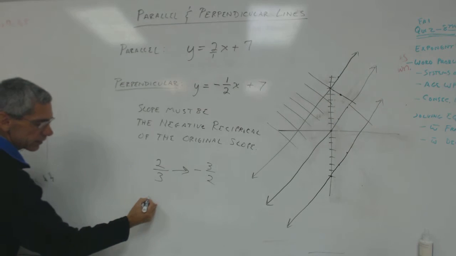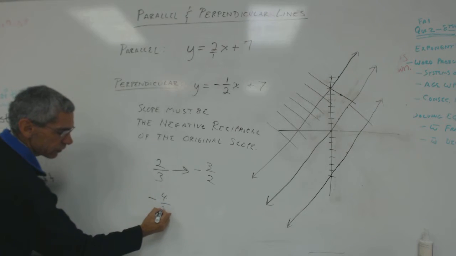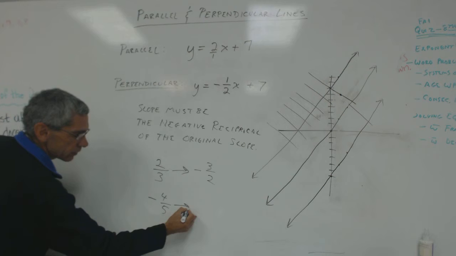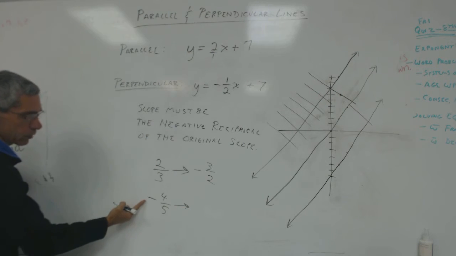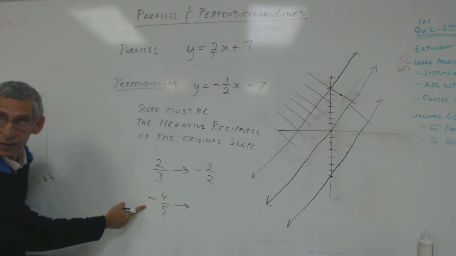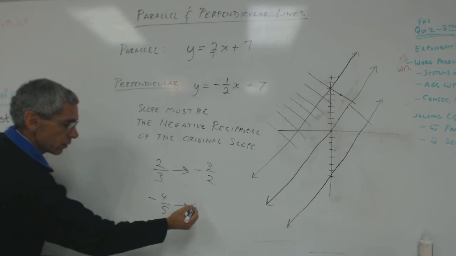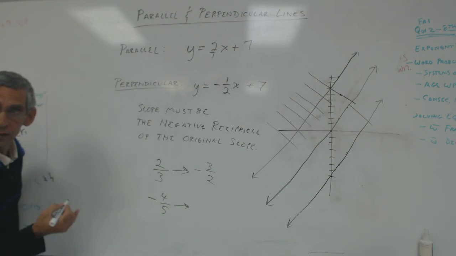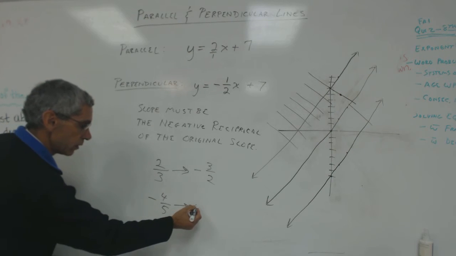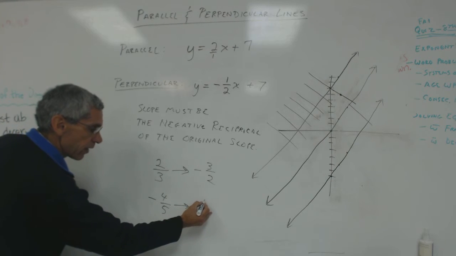If the slope was -4/5, the negative reciprocal, the negative of a negative is a positive, and it'd be 5/4. I'm going to keep it as a fraction because it's the slope, rise over run. So it's going to be +5/4.